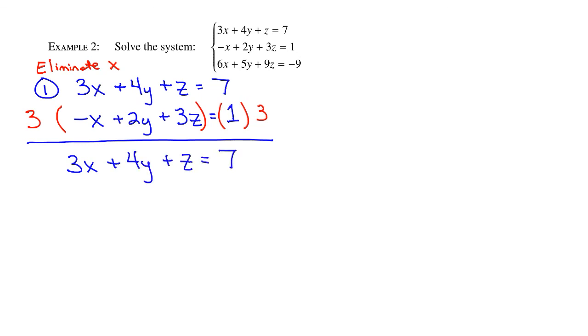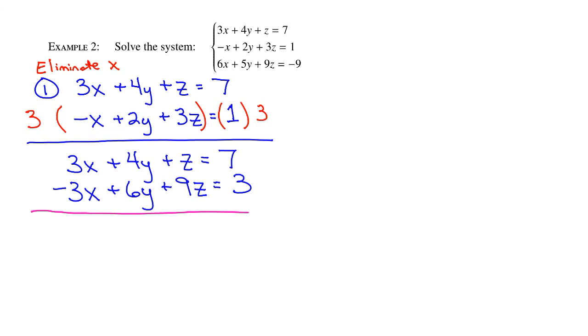And the bottom equation, I multiply every term by 3. That gives me negative 3x, positive 6y, positive 9z is equal to 3. Then I can add these equations down, and the x's will cancel.